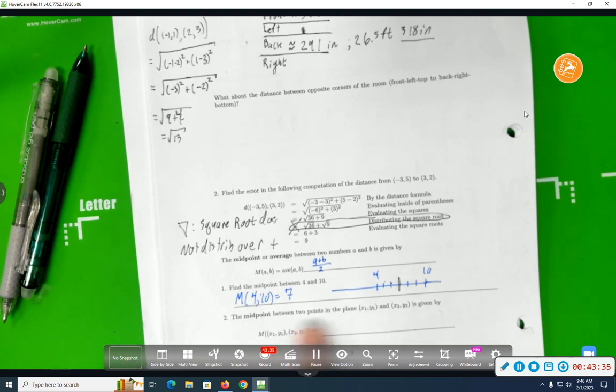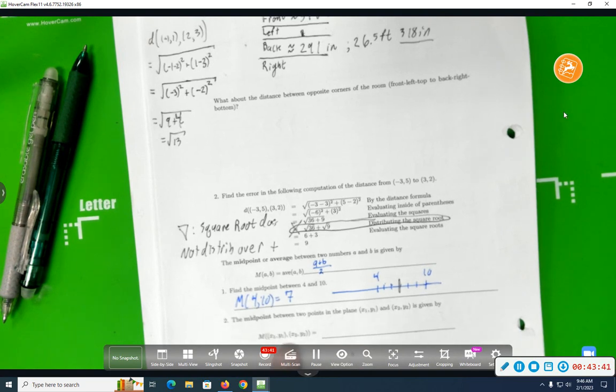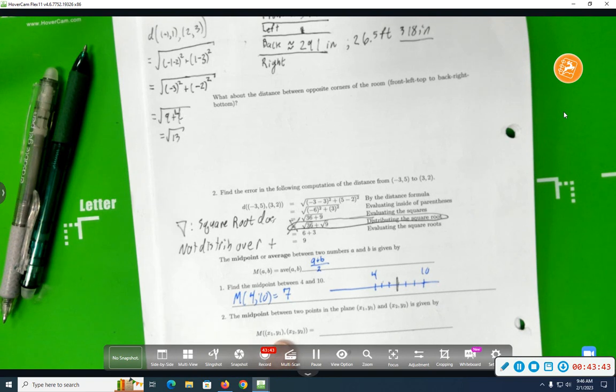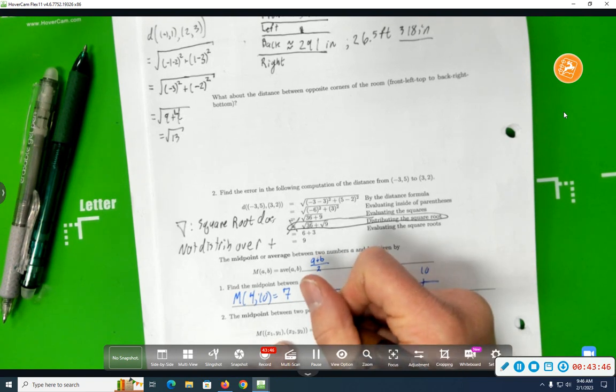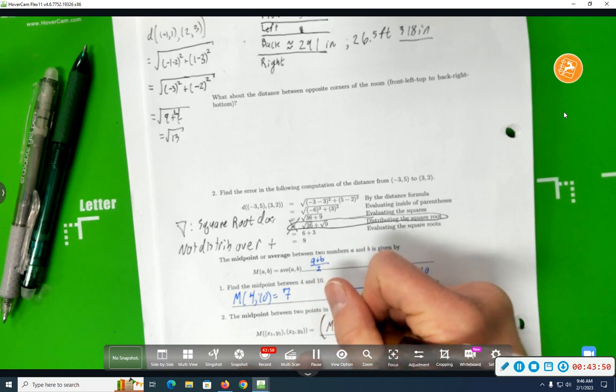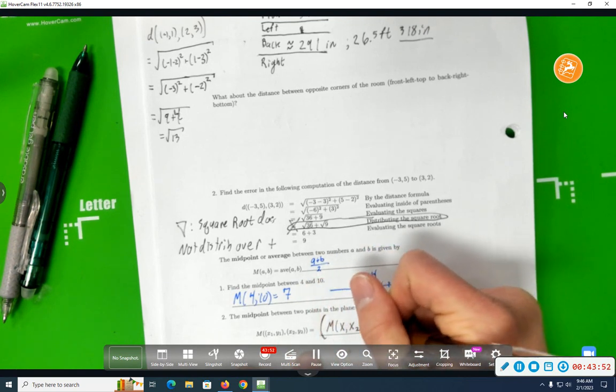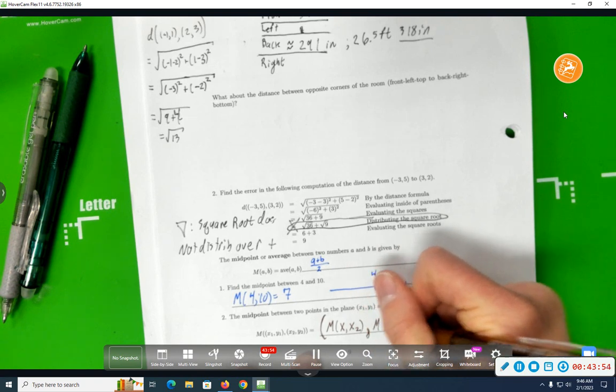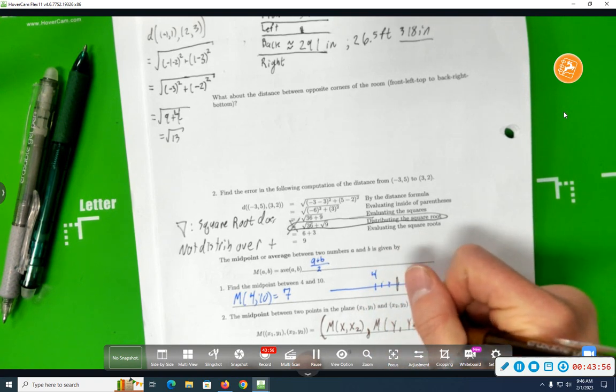You can compute the midpoint between two points in the plane by just computing the midpoint between the x-coordinates and the midpoint between the y-coordinates. The midpoint from (x1, y1) to (x2, y2) is given by, and I'll write a few lines here, the midpoint between the x-coordinates, comma, the midpoint between the y-coordinates.